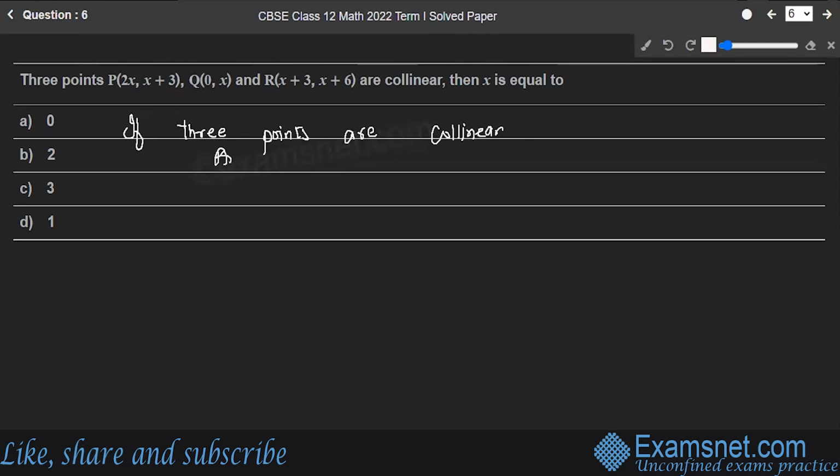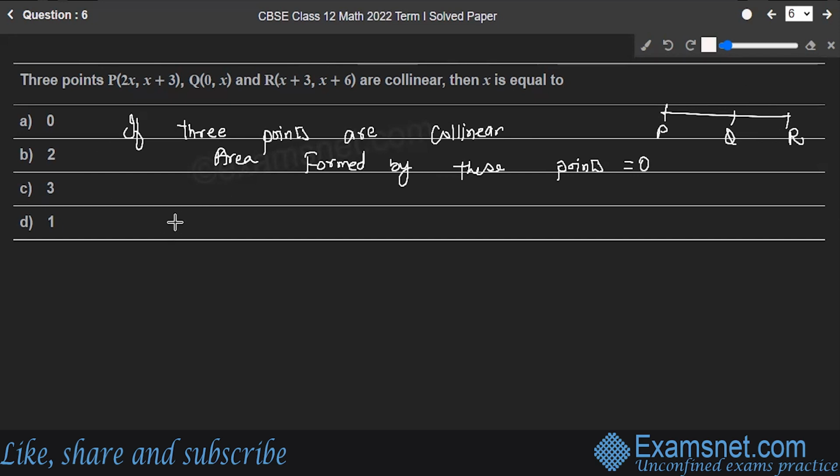Okay, because they are lying on the same line. This P, Q, R. Maybe the positioning is different, but they are lying in the same line.